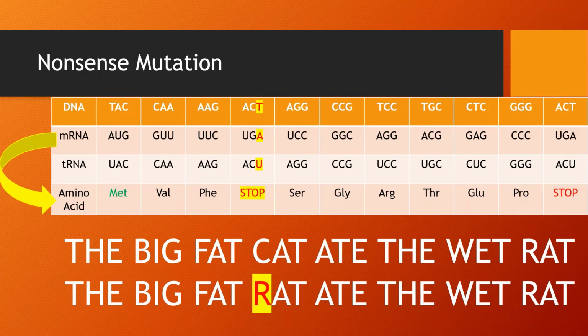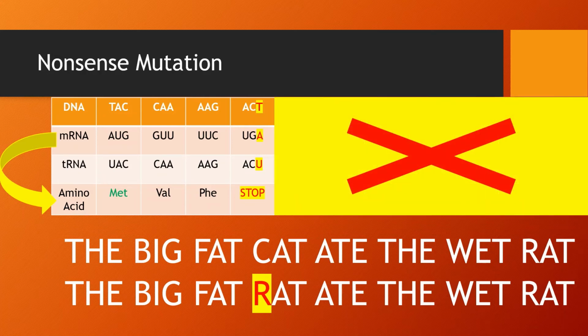With nonsense mutations, the stop codon is read early because of the mutation, so the entire rest of the protein that was supposed to be made doesn't get read at all. The size and complexity of that protein is limited greatly because of a nonsense mutation, which is just a single nucleotide change that ends up coding for a stop codon.